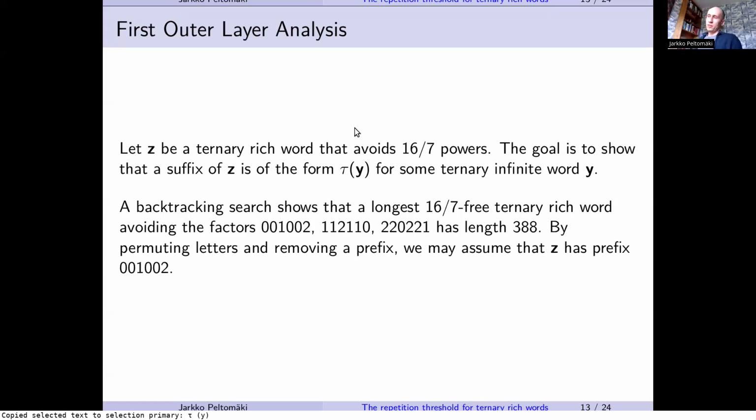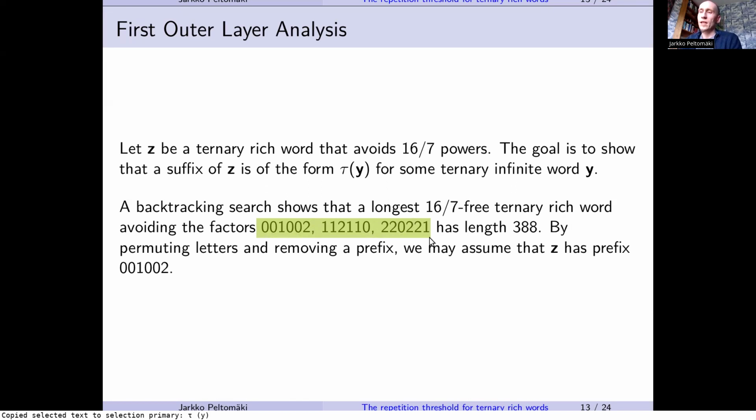This is pretty much what you would expect from a paper on avoiding powers. You use backtracking searches. So the first step is that you look at these three factors, which are permutations of each other.